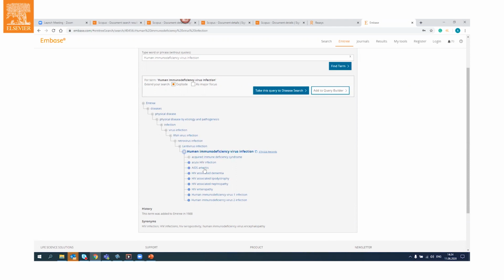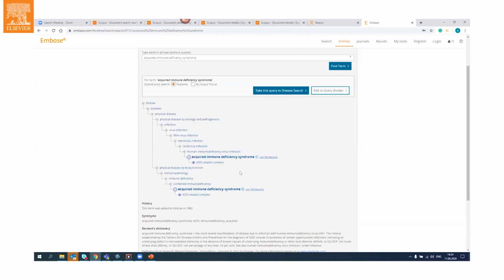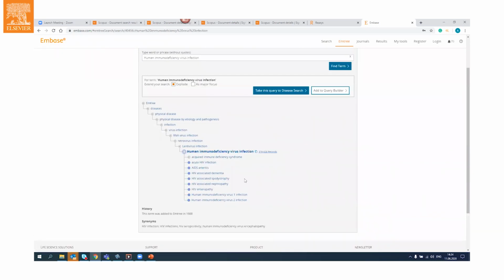And what we see is that Embase contains several subtypes of HIV: HIV-1, HIV-2, and acquired immune deficiency syndrome also has several subtypes, and you can access them easily. So this is the tree view structure.